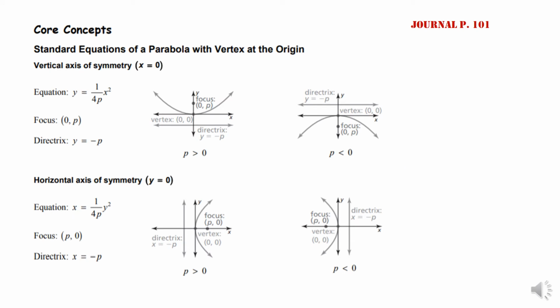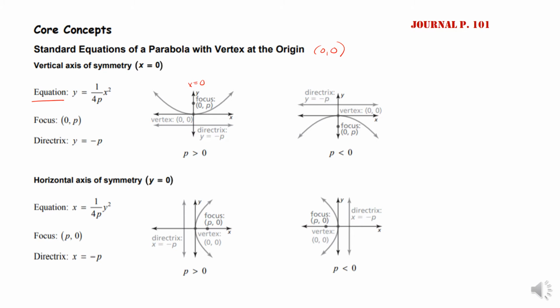Okay, we're just going to go through some of the core concepts that you have to understand about the focus and the directrix. So the standard equation of a parabola with a vertex at the origin, meaning (0, 0), and the axis of symmetry is x equals 0, so it's the y-axis, has this equation. Okay, notice that it's 1 over 4p.